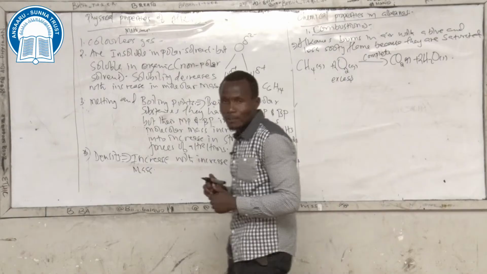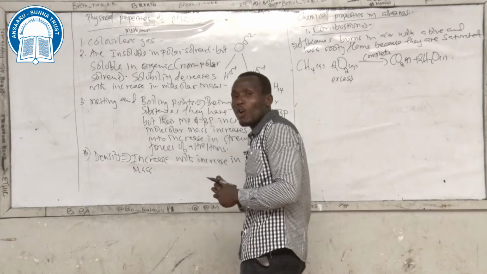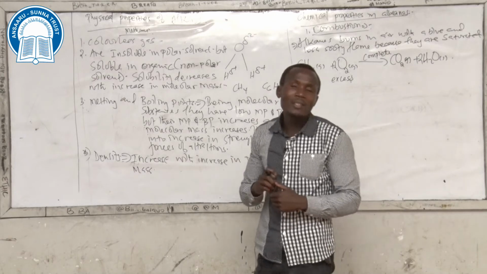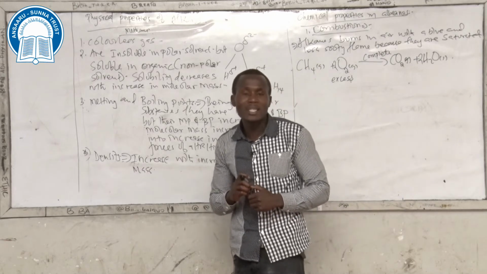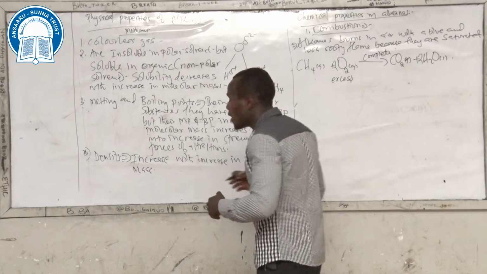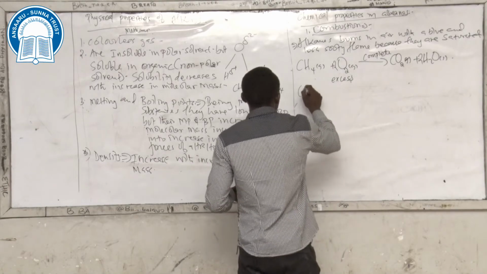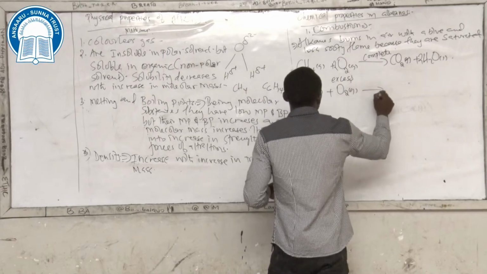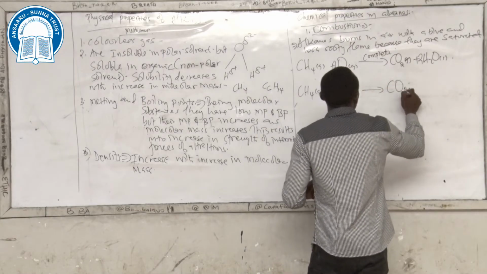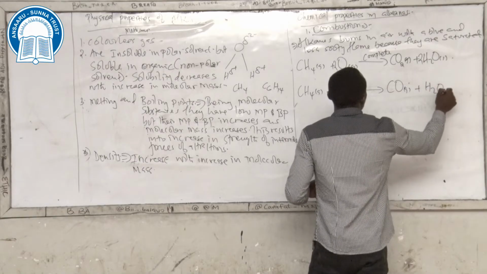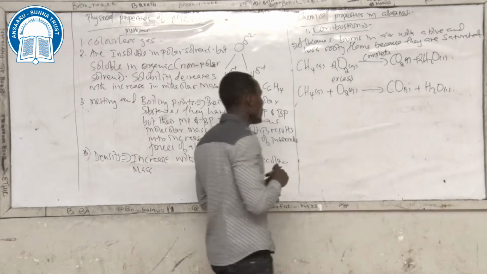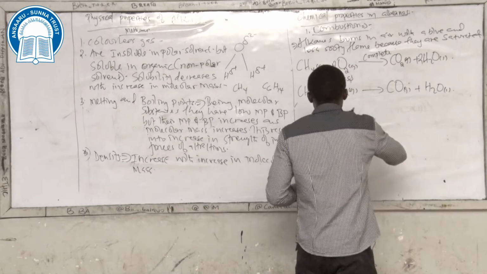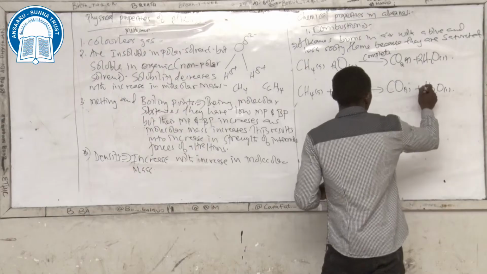combustion of alkane. If it is incomplete combustion of alkane, meaning that we are having limited supply of oxygen, instead of getting carbon dioxide, now we get carbon monoxide. Therefore the equation of the reaction is going to be CH4 gas plus oxygen gas, giving us CO gas plus H2O, liquid. So we balance the equation. We have 1 carbon, this is 1 carbon. 4 hydrogen, we put here 2.